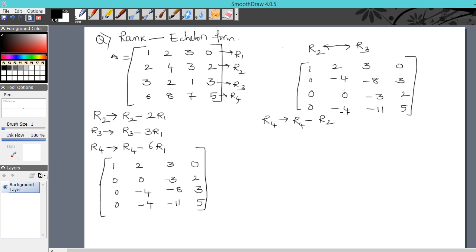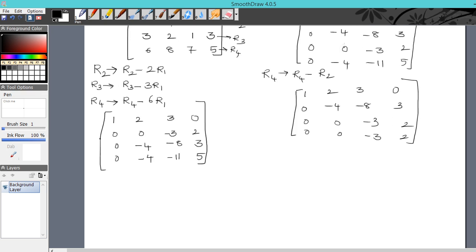The matrix becomes R1, R2, R3 same: 1, 2, 3, 0, 0, minus 4, minus 8, 3, 0, 0, minus 3, 2. R4 minus R2: 0 minus 0 is 0, minus 4 minus of minus 4 is plus 4, this is 0. Minus 11 plus 8 is minus 3. 5 minus 3 is 2.